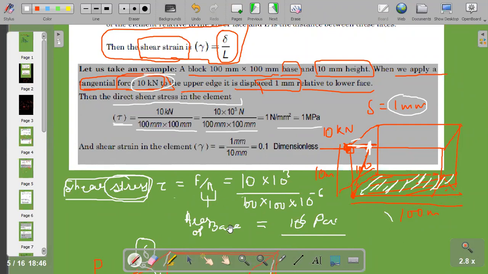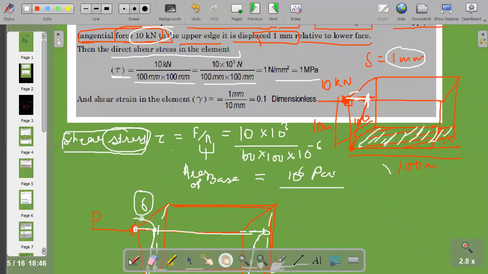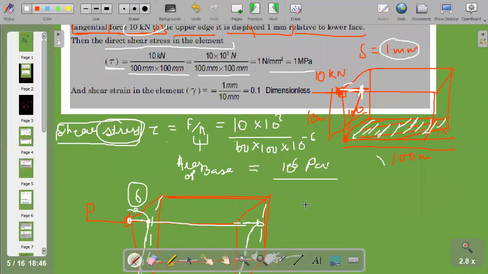And now shear strain. What is shear strain? It is denoted by gamma. Shear strain is delta by L. What is delta given here? 1 millimeter. What is length given?